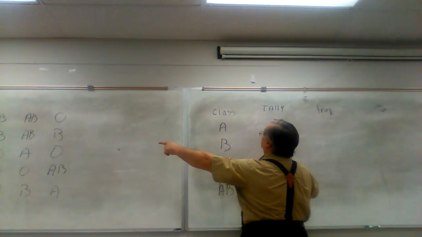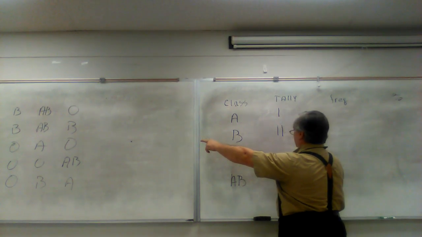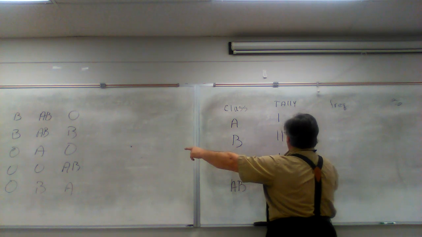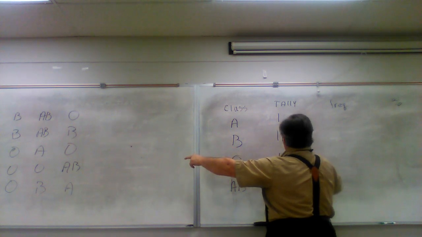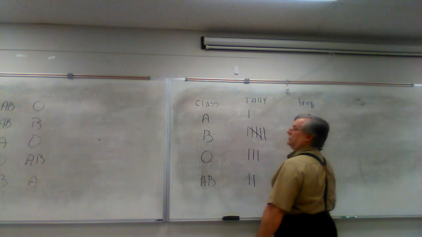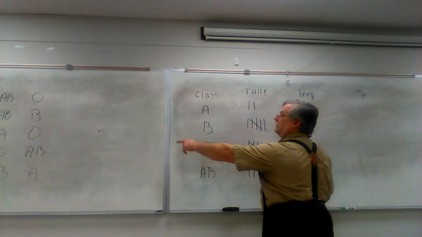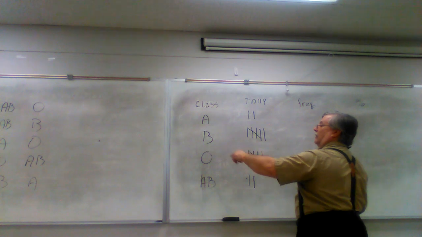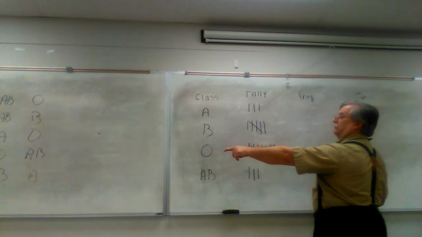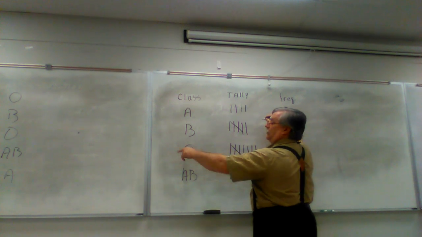Starting at the top left and working across, we have A, B, B, A, B, O. Next row, O, O, B, A, B, B. Next row, B, B, O, A, O. Next row, A, O, O, O, A, B. And finally, A, B, A, O, B, and A.